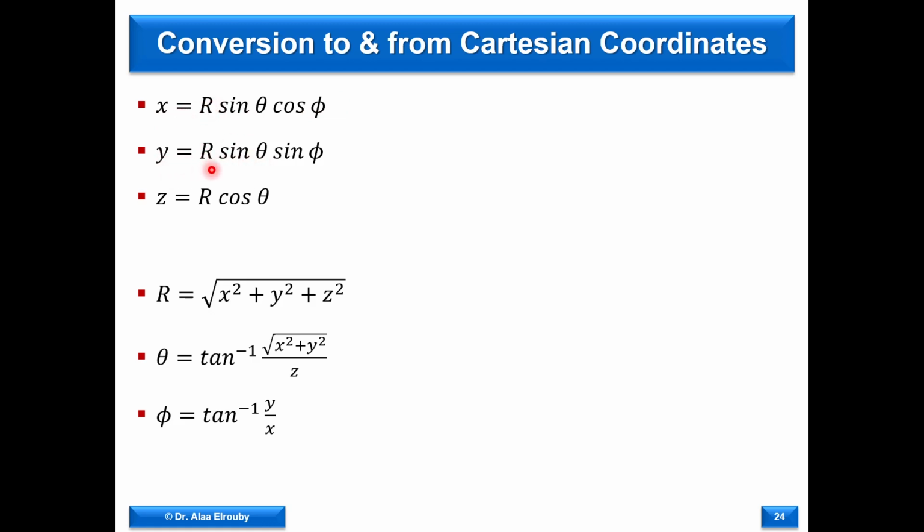The y component equals r sine theta, the projection of OB on the xy plane, then projected on the y-axis, multiplied by sine phi, and r cosine theta is the z component, which is the projection of OB on the z-axis. Similarly, you can calculate r, of course, as the square root of x squared plus y squared plus z squared. We can calculate theta and phi with these expressions.